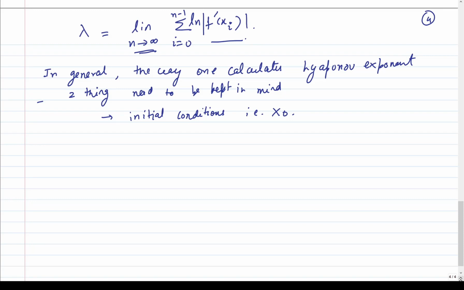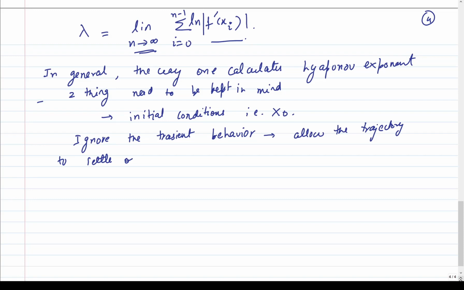But to avoid that, we ignore the transient behavior and allow the trajectory to settle on a particular attractor.